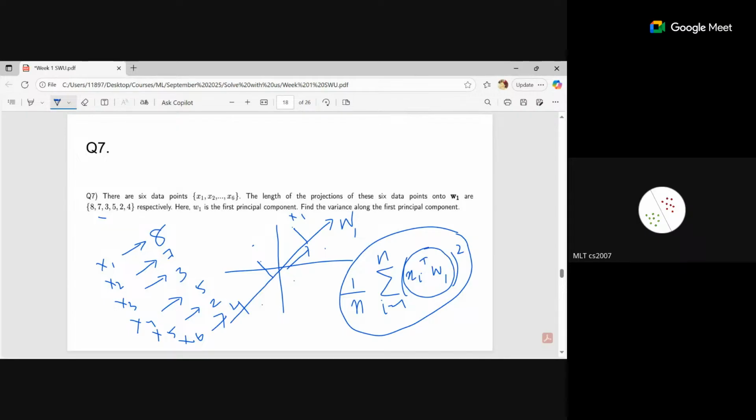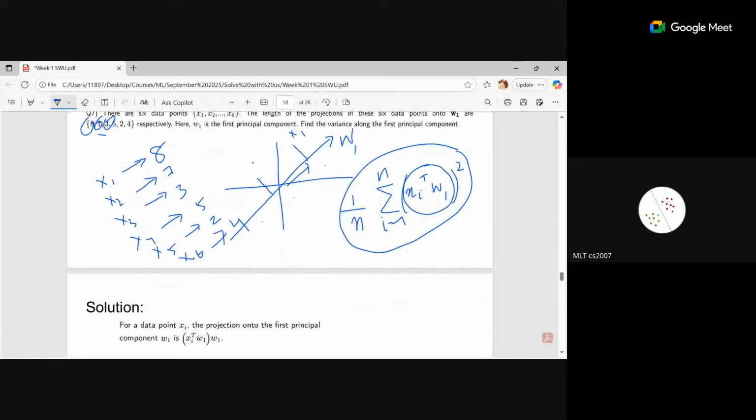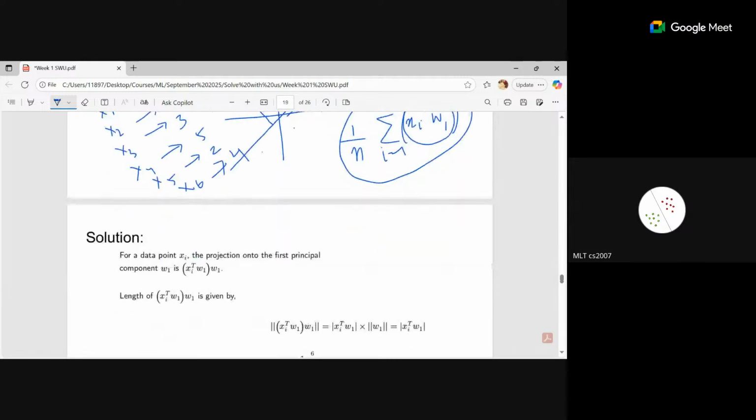So now, if this is the variance along the first principal component, and these are already given to us, right? So x1 transpose w1, its length is given to us as 8. x2 transpose w1 is 7. x3 transpose w1 is 3. So on. So what we need to do is just take these squares and divide by 6, and that should give us the answer.